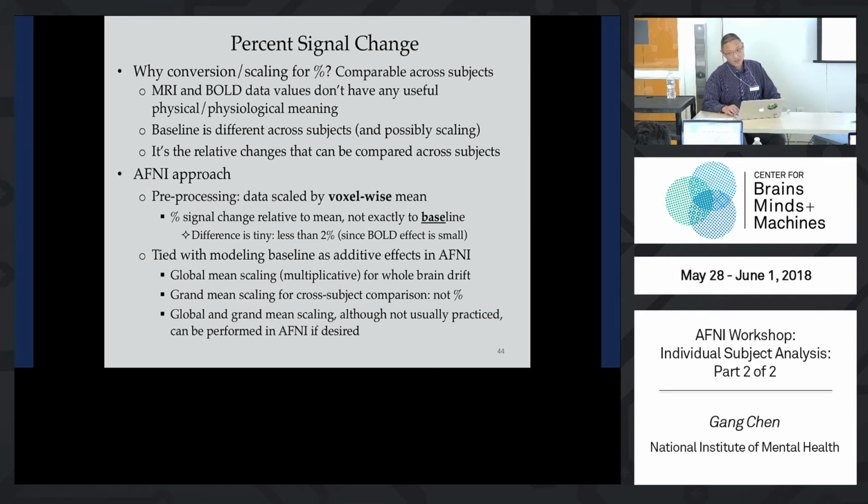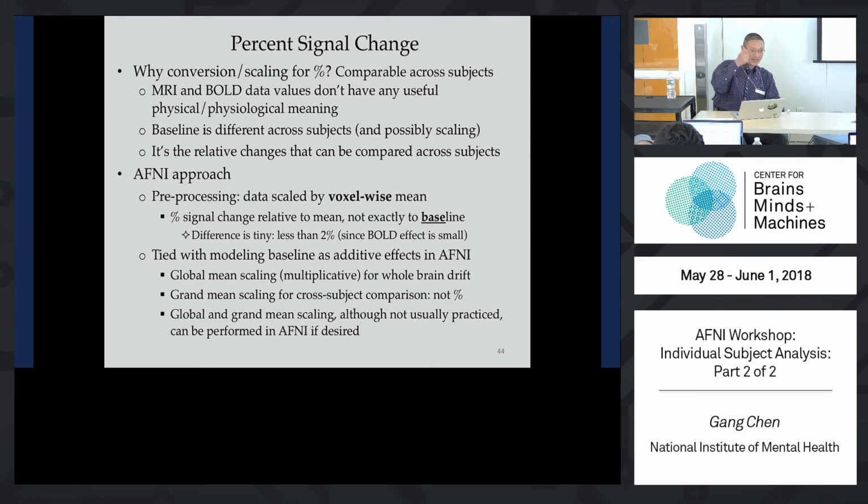So that's why we usually have to standardize it to calibrate the signal. In AFNI, that calibration is called scaling. How to standardize, how to calibrate, that's the subtlety here. In AFNI, we do it at each voxel separately. How do we do it? Suppose we have 200 time points.